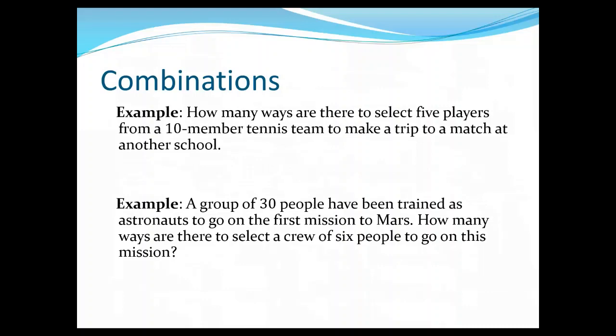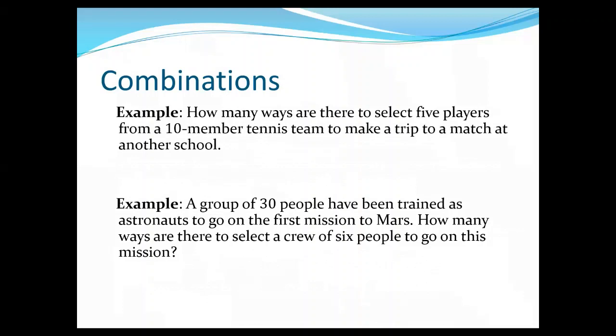How about this? How many ways are there to select 5 players from a 10-member tennis team to make a trip to a match at another school? So we're going to get 5 members from the 10-member tennis team.